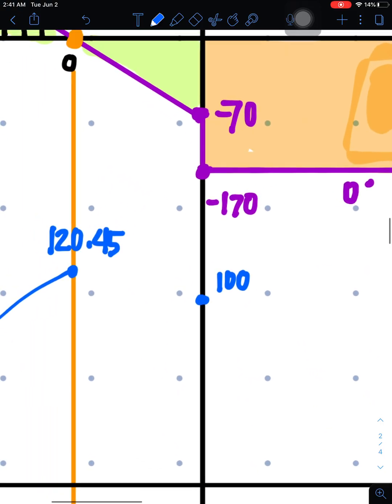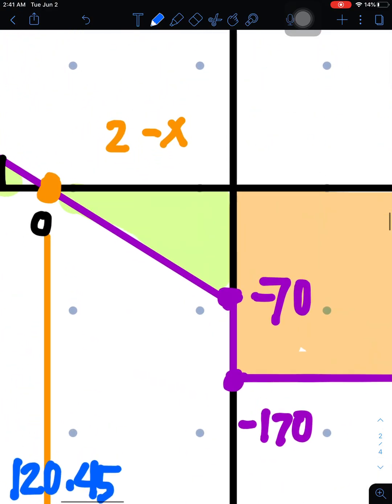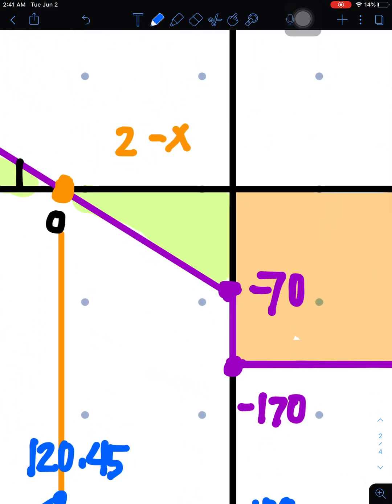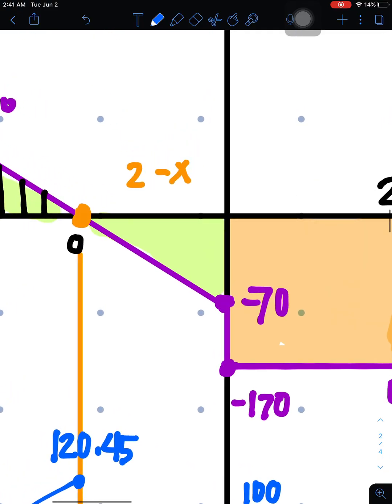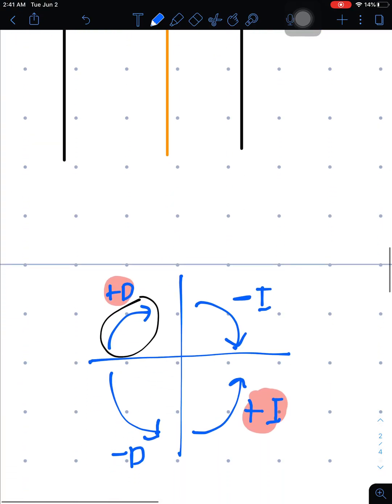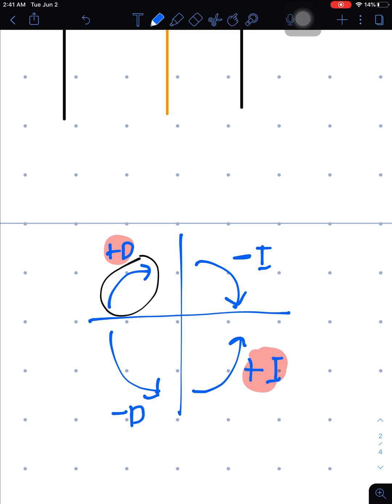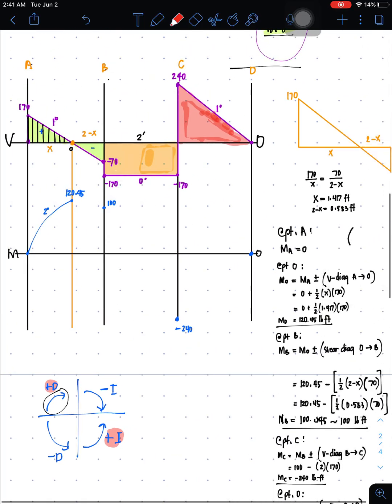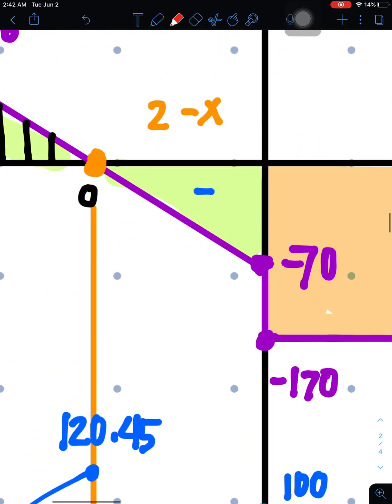Okay, so what we plot next is 120 and 100. Let's look at the curve. This is the area between 120 and 100, and the area is negative. So our idea is negative because we suspect it's either this or this one. But it should be negative.